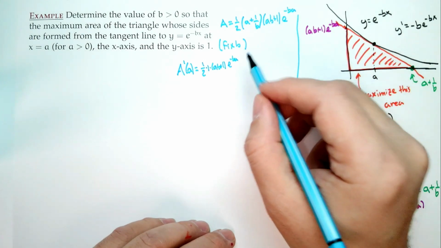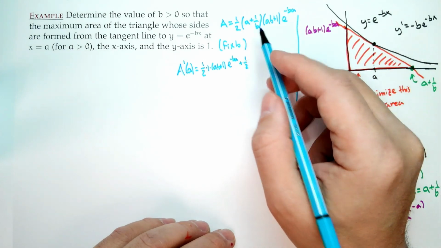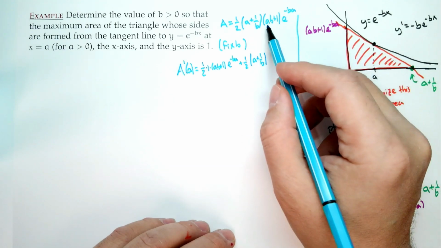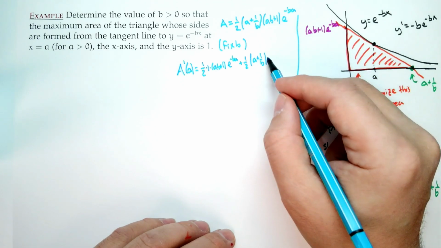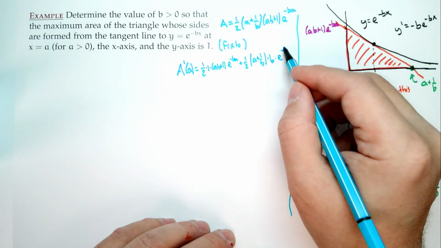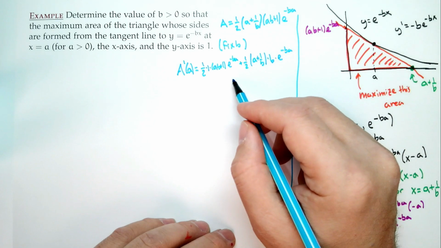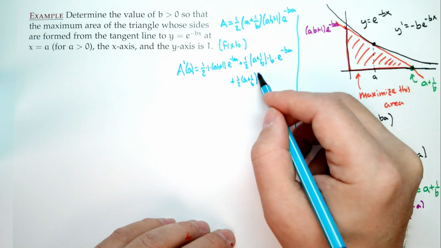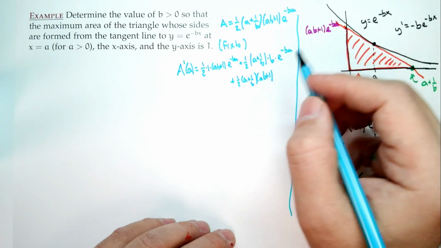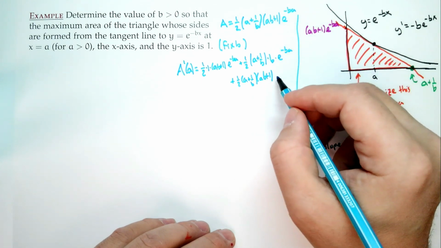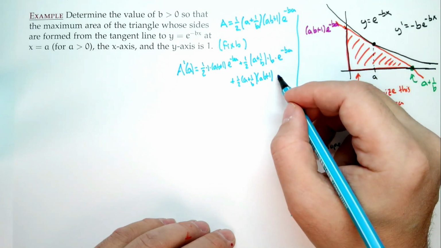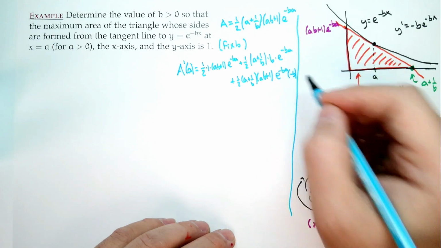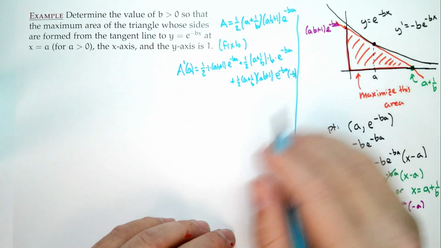Then go to our next thing. So plus a half, the a plus 1 over b, times the derivative of the middle term with respect to a, which is b, times e to the minus ba, plus 1 half, the first two terms, and then finally the derivative of e to the minus ba with respect to a is e to the minus ba times negative b. So there it is.